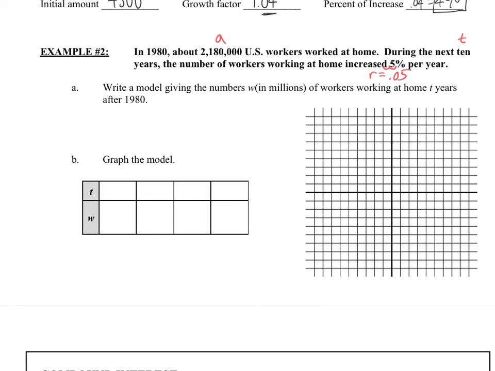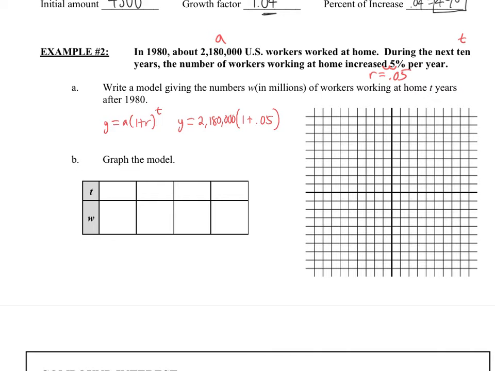So we are going to plug in. So we have Y equals A times 1 plus R, all to the T. So in this case, it's going to be Y equals A is 2,180,000 times 1 plus R, in this case, is 0.05.